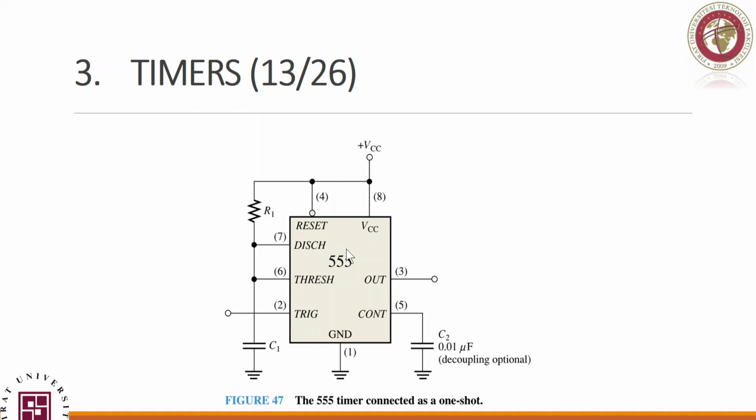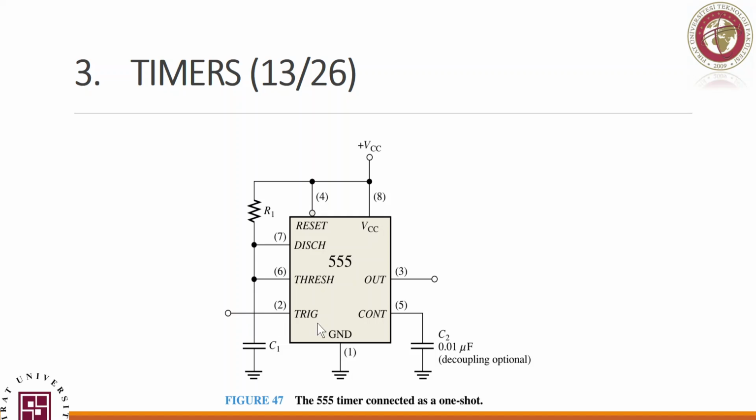Now, what we need to do is pay attention to VCC, its connection to R1 and C1. So C1 charges through R1, through pin 7. Now, we have an internal transistor which is on as long as the output is low.